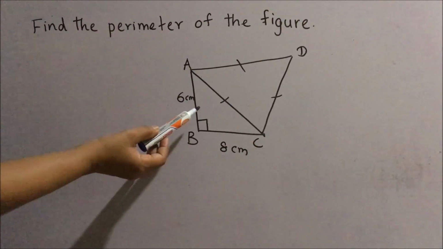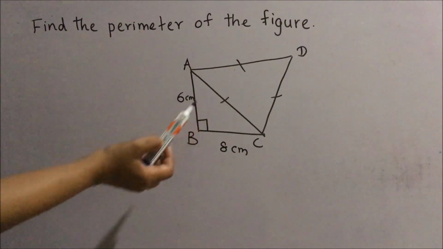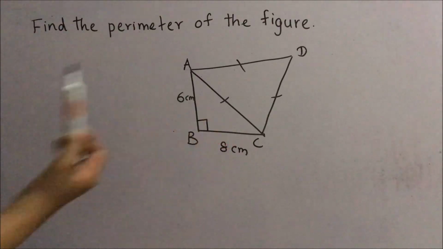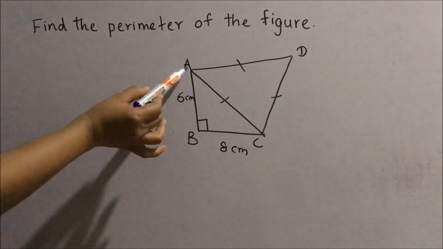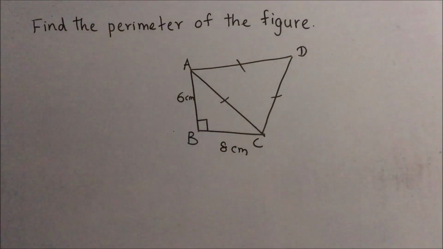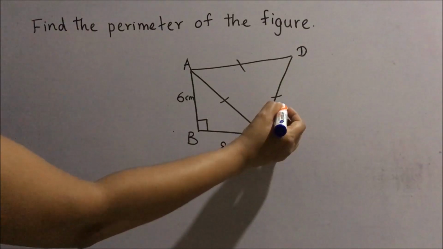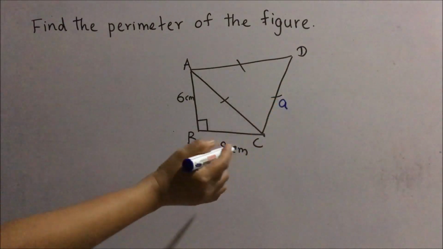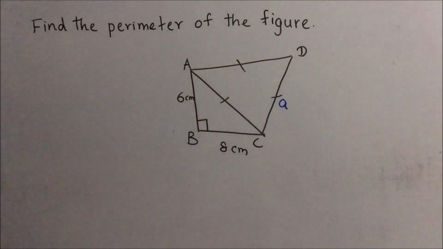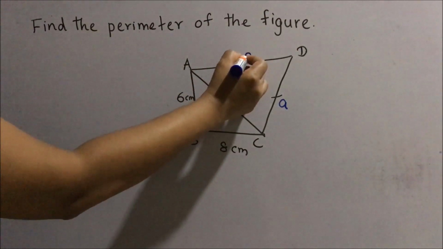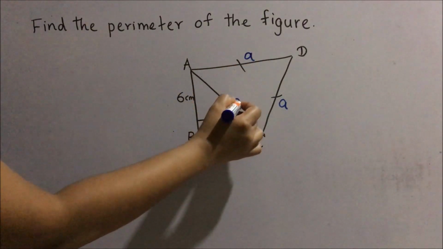Then this figure is a combined figure. It has an ABC right angle triangle and an ACD equilateral triangle. Now let's take this side as A. So ACD is an equilateral triangle. Therefore, all sides we can label as A.